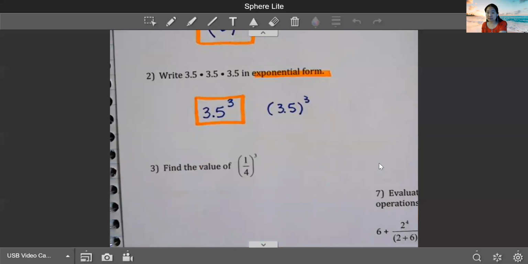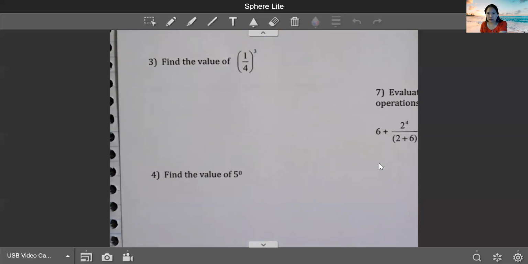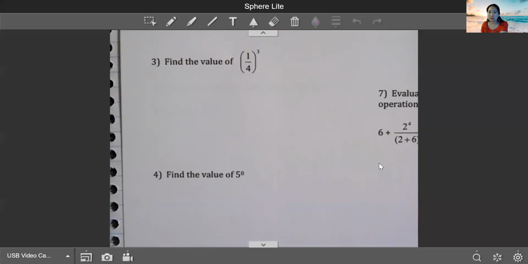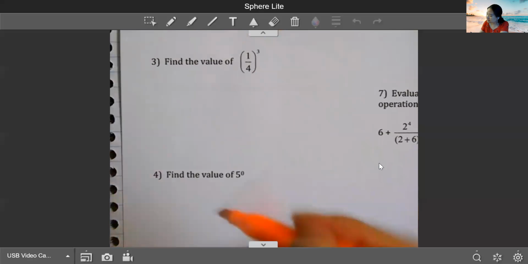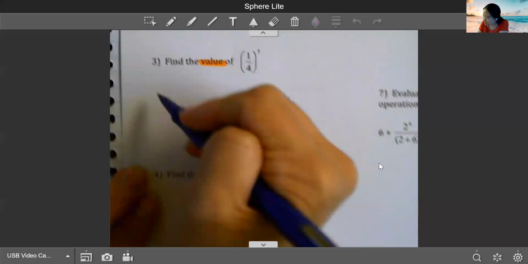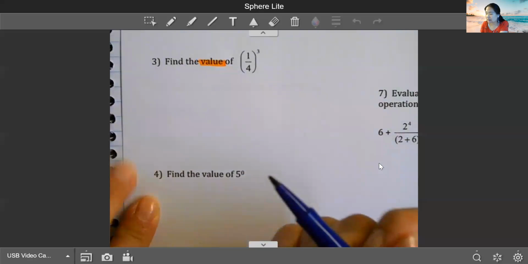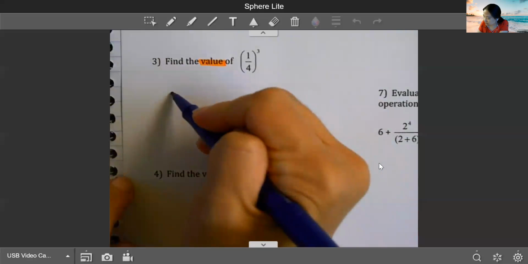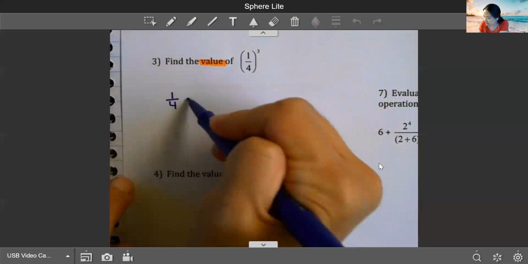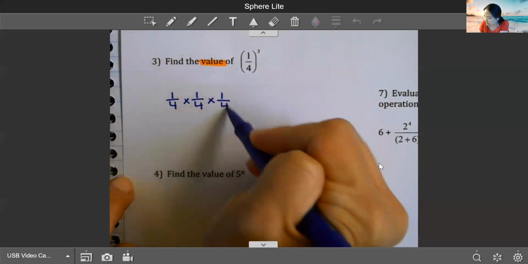Now, number 3, it says find the value of 1/4 to the 3rd power. So finding the value means you actually have to solve it. So the first thing that you would want to do is expand 1/4 to the 3rd power. So you want to write 1/4 times 1/4 times 1/4.